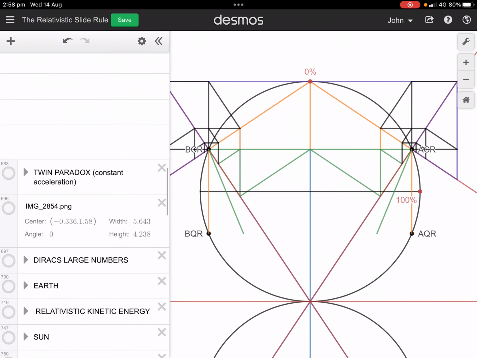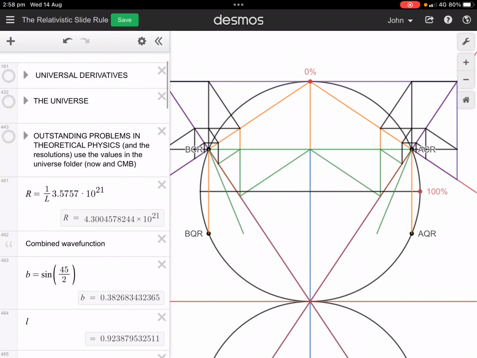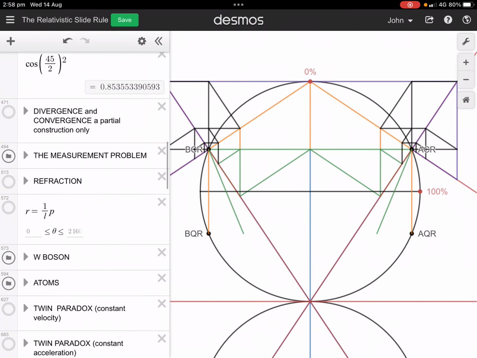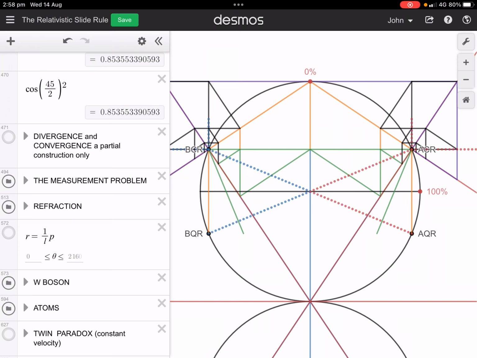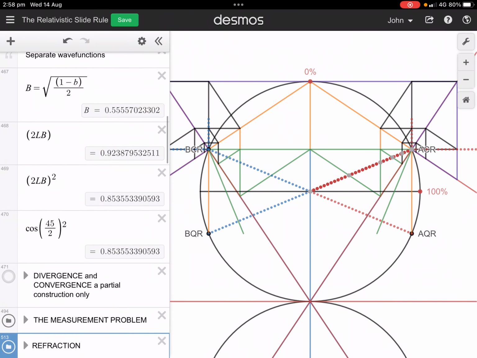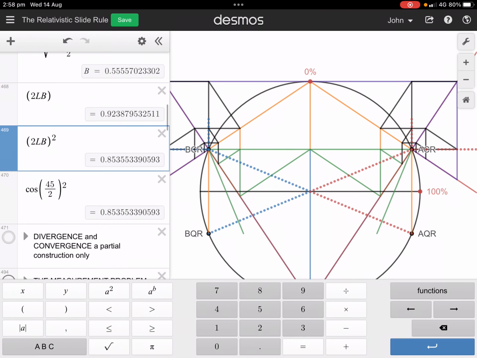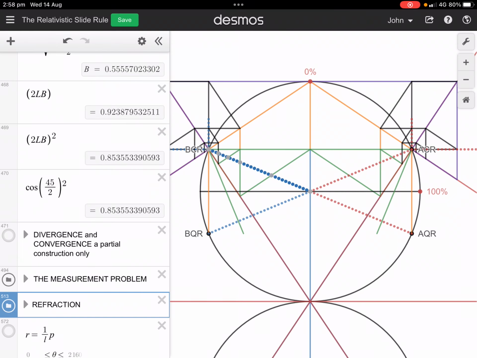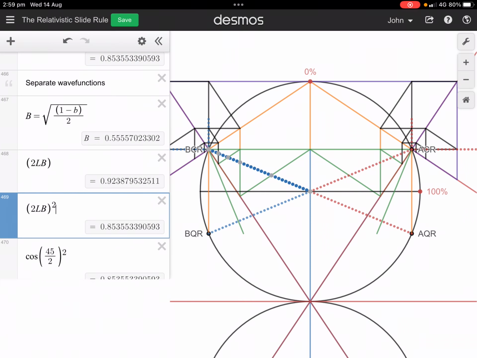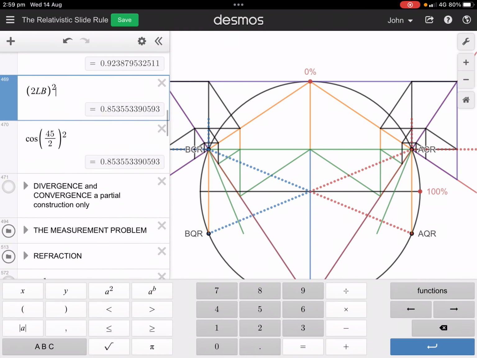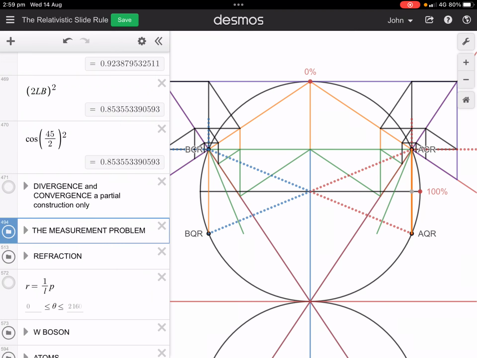So okay, so here's Alice's measurement, and now the probability of her measurement being successful is going to be 85%, and you can see that's the 85%, and the probability of Bob's measurement being successful will also be 85%. So here I've shown their B values separately.